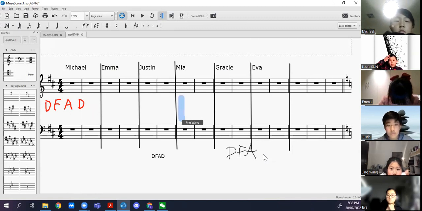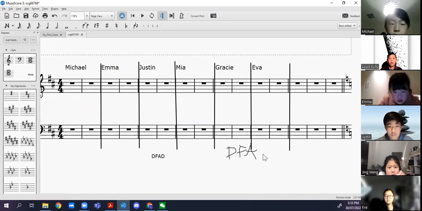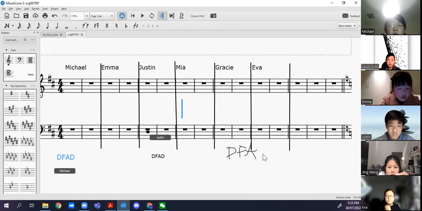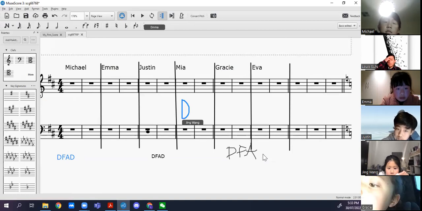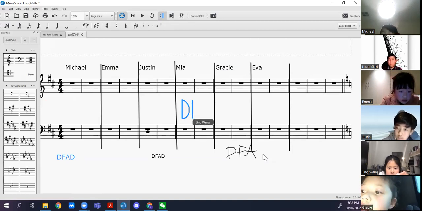Eva, you remember that? So what I meant by the dominant triad is basically the triad beginning on the dominant instead of the tonic. So for C major, that would be G B D. Does that still make sense? Sorry, I skipped one step. The dominant means the 5th scale degree.